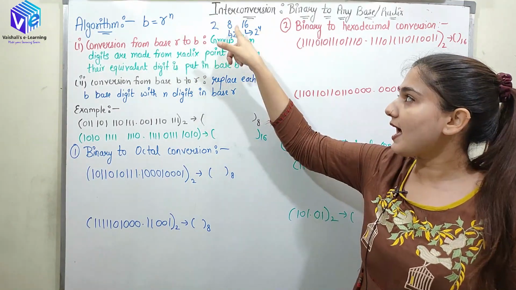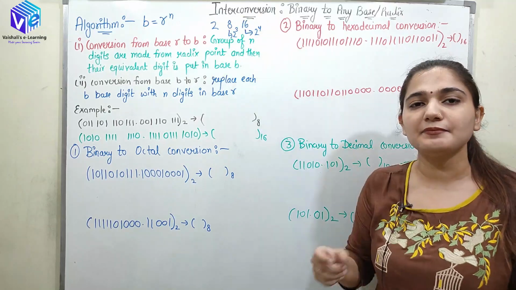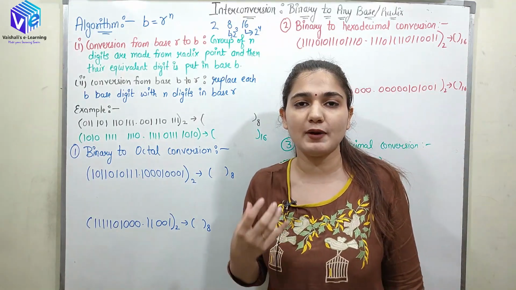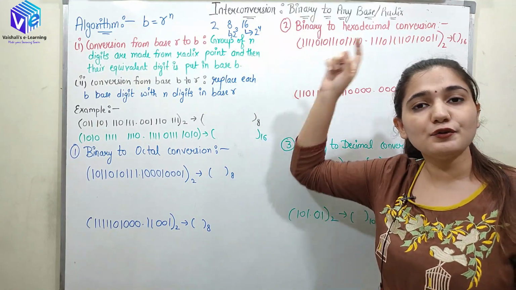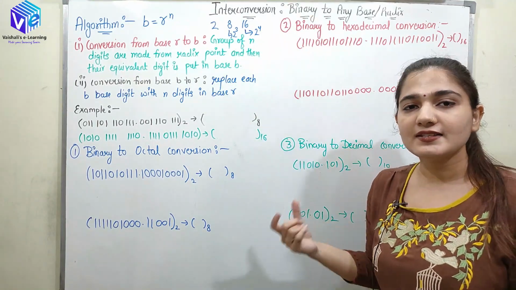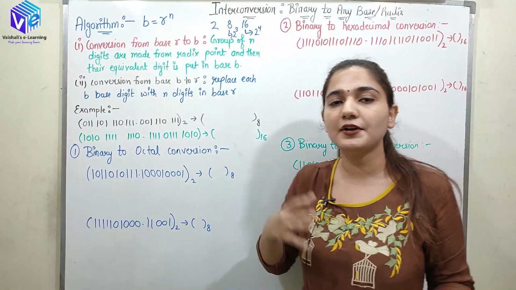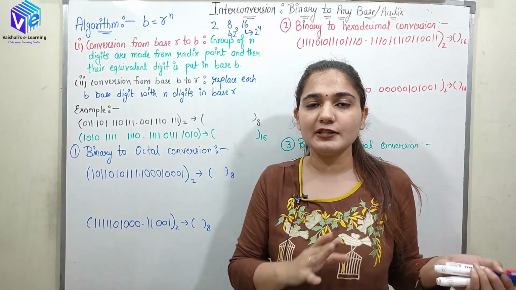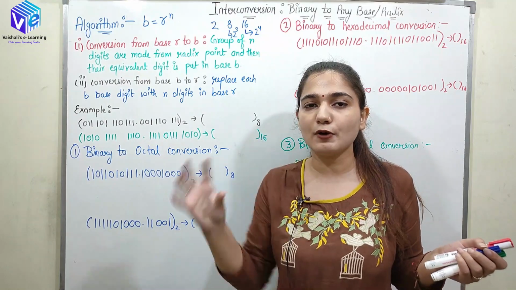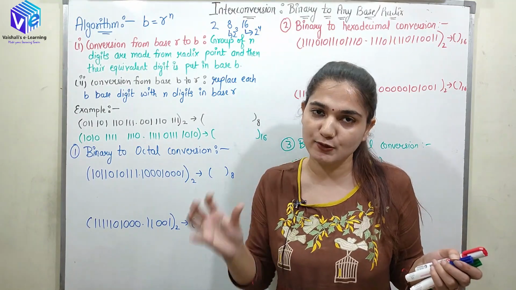Here base 8 is 2 raised to power 3 and base 16 is 2 raised to power 4, and this is how we can have the conversion from binary to octal and binary to hexadecimal. So this was the relation between the base values.